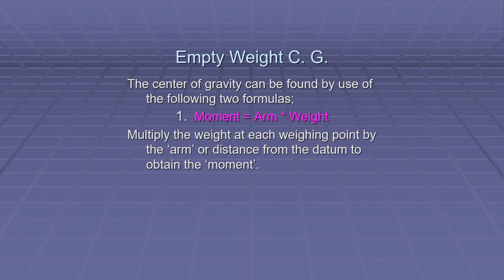The center of gravity of an aircraft can be found by use of the following formulas. First, find the individual moments at each weighing point by multiplying its distance from the datum by its scale reading.